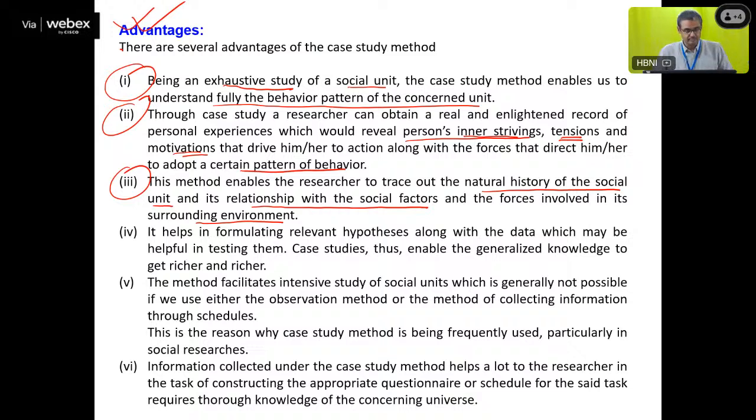Okay. What is the fourth advantage you can get through the case study method? It helps in formulating relevant hypotheses, along with the data which may be helpful in testing them. So you propose a hypothesis, means suppose you take the case of a person. The person behaves in this way under this situation and you generalize this hypothesis, right?